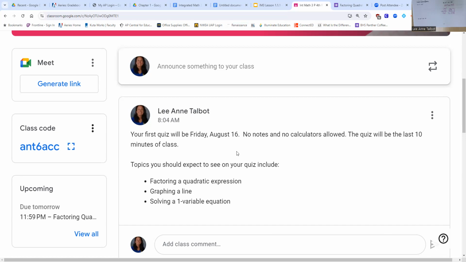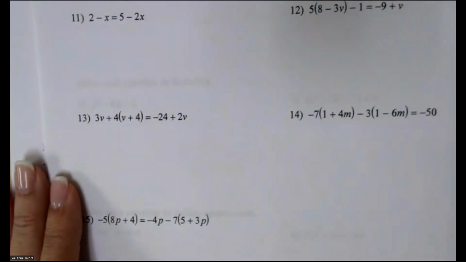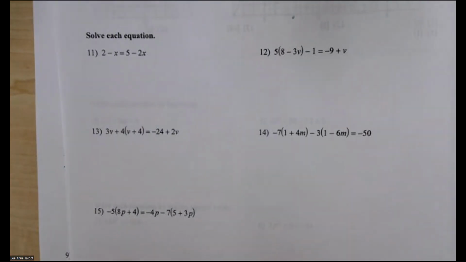And then solving a one variable equation. That's like everyone's favorite thing where you just solve for x. Let me show you an example of solving a one variable equation. Do you know how to do these?